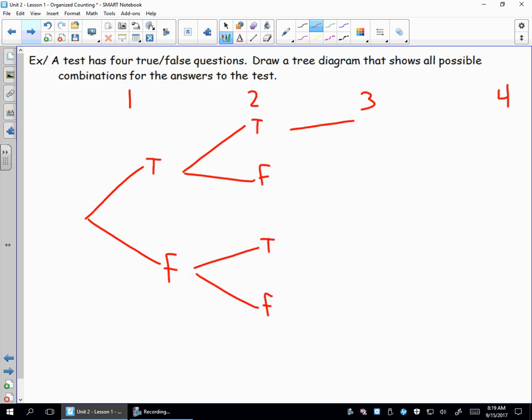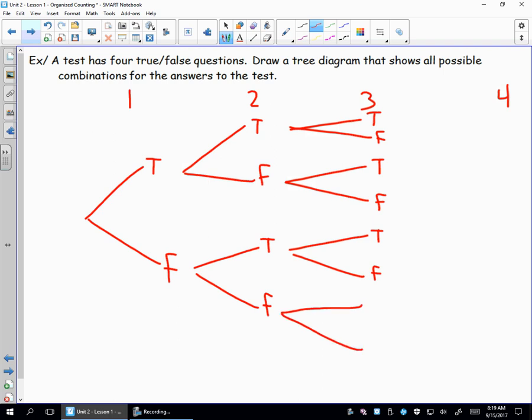Third one, we have true or false. And again, it didn't matter what happened previously. These are all true or falses. And then the fourth one, we've got true or false again. This runs out of room really quickly once you make these big tree diagrams.